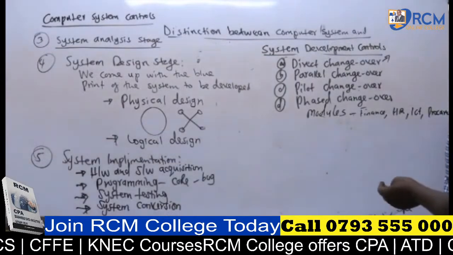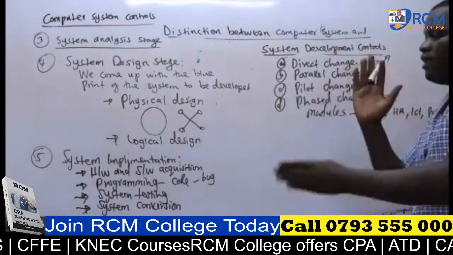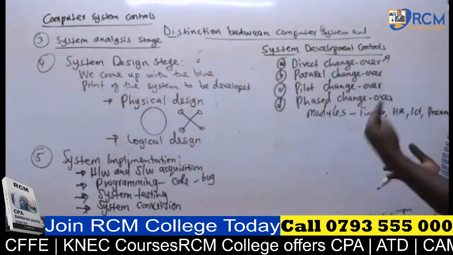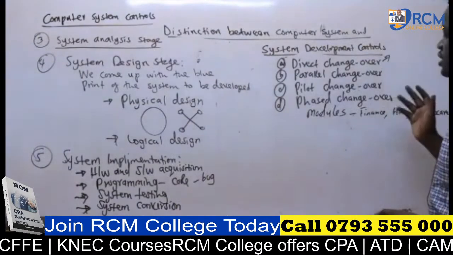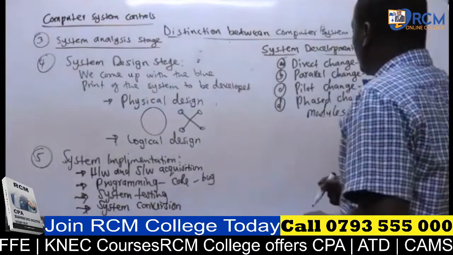So instead of going for full implementation, we can do the phases. We start with finance, we go to the HR part of it, we go to ICT, procurement, until such a time that we have the new system fully installed into the company.